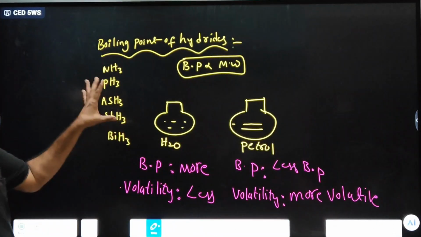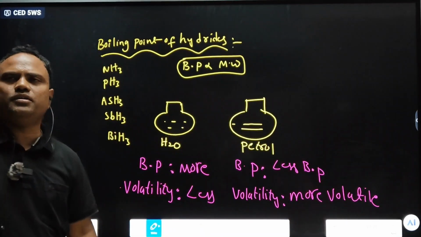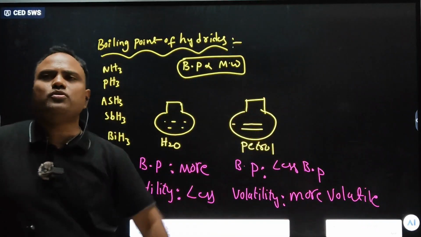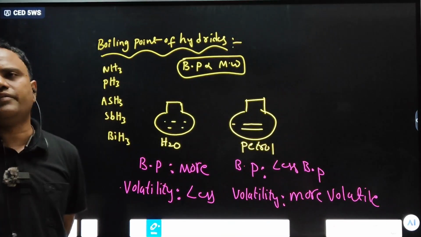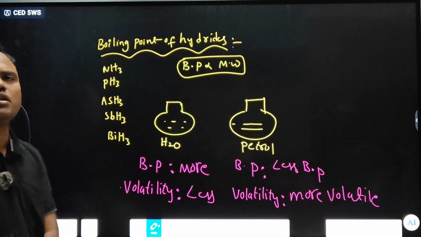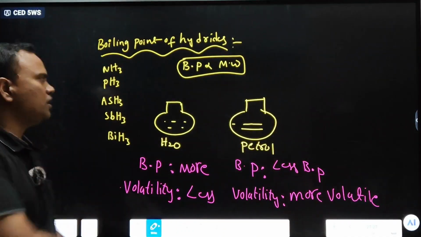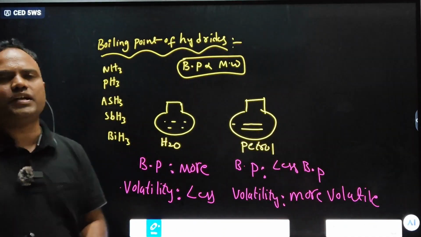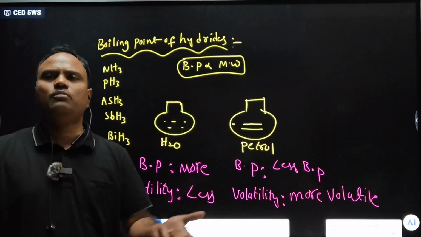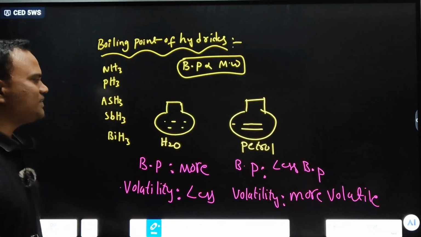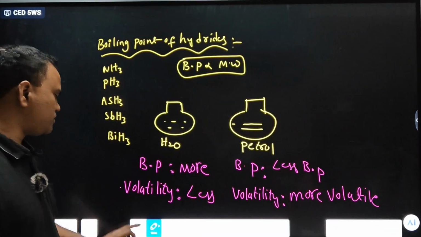Now coming to the boiling point of hydrides. Boiling point is directly proportional to molecular weight. BiH3 has the most molecular weight, because as we move down the group, atomic weights increase, so molecular weight also increases. So what is the expected boiling point order?